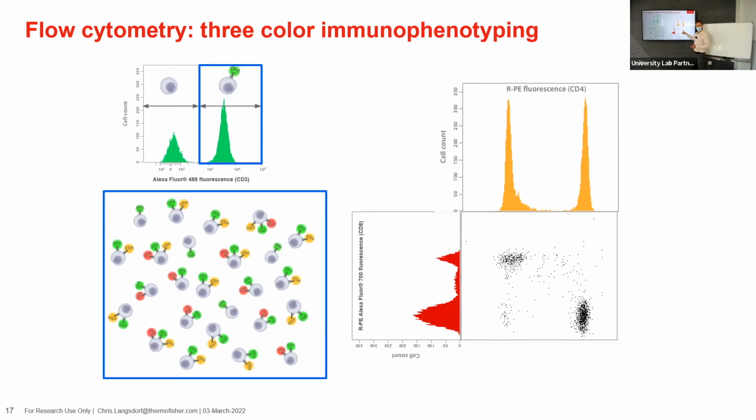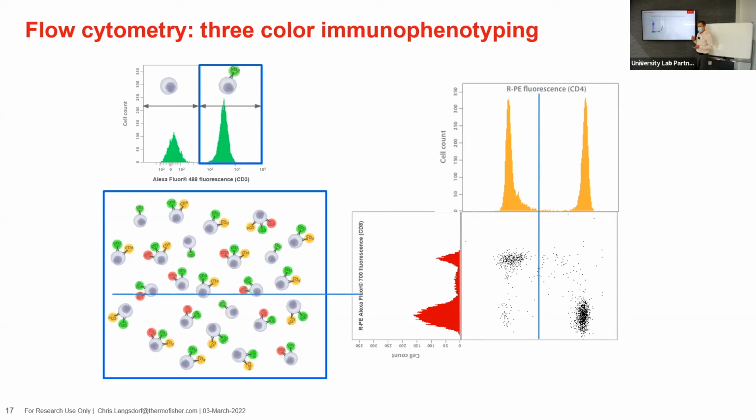Should these be here? Maybe. But this essentially lets us break down a complex population of cells. If it's tumor infiltrating lymphocytes, maybe we have 8 or 12 other markers that really break down what populations are here and how many of each population there is.